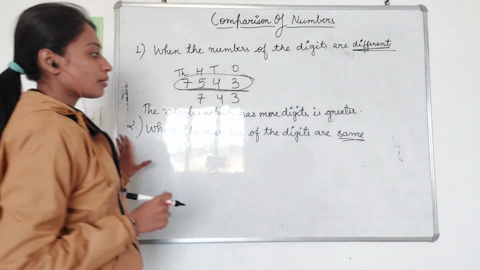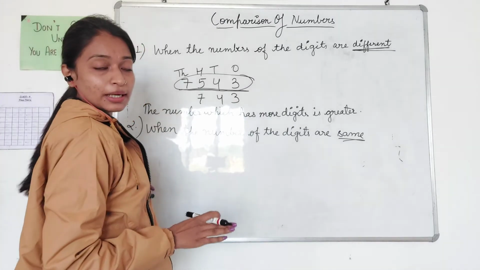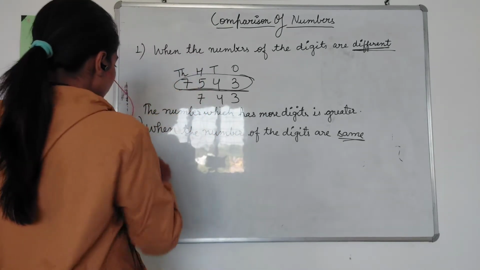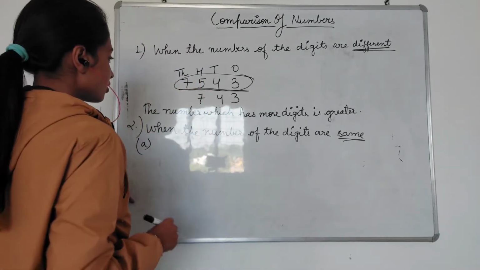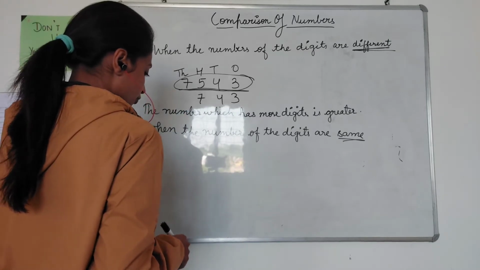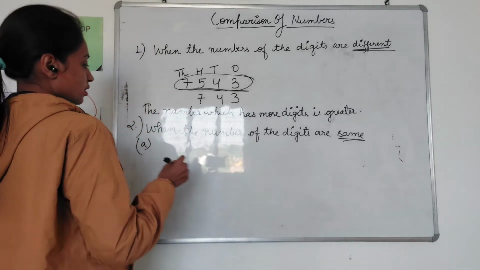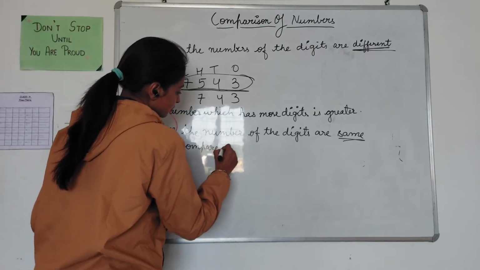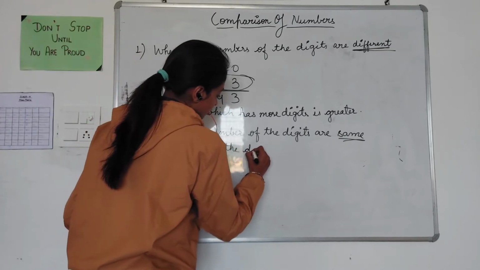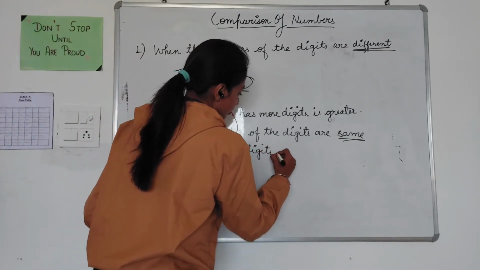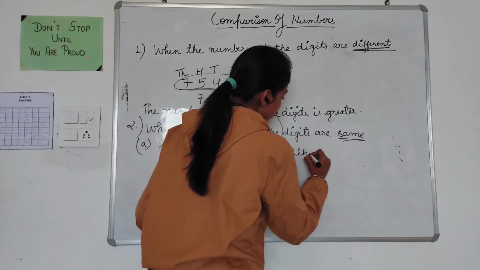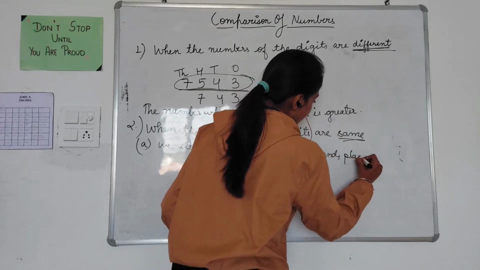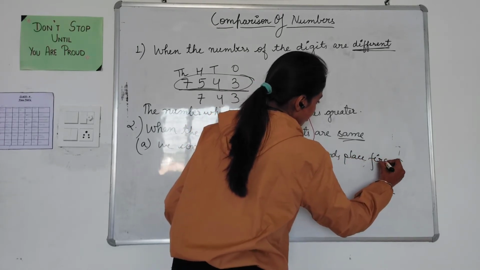Now अब हम देखेंगे कि अगर हमारे पास सेम नंबर है डिजिट्स के तो कौन सा नंबर हमारा ग्रेटर होगा. सो यहाँ पर भी हमारे पास दो केसेस होते हैं, दो कंडीशंस लगाते हैं. सो वी कंपेयर द डिजिट्स एट द 1000 प्लेस फर्स्ट. हम सबसे पहले क्या करते हैं? We compare the digits at thousands place first.